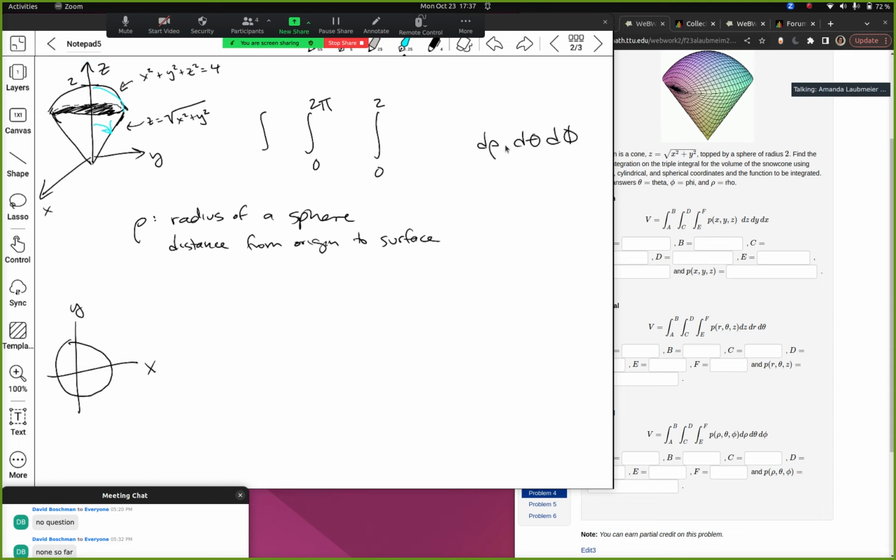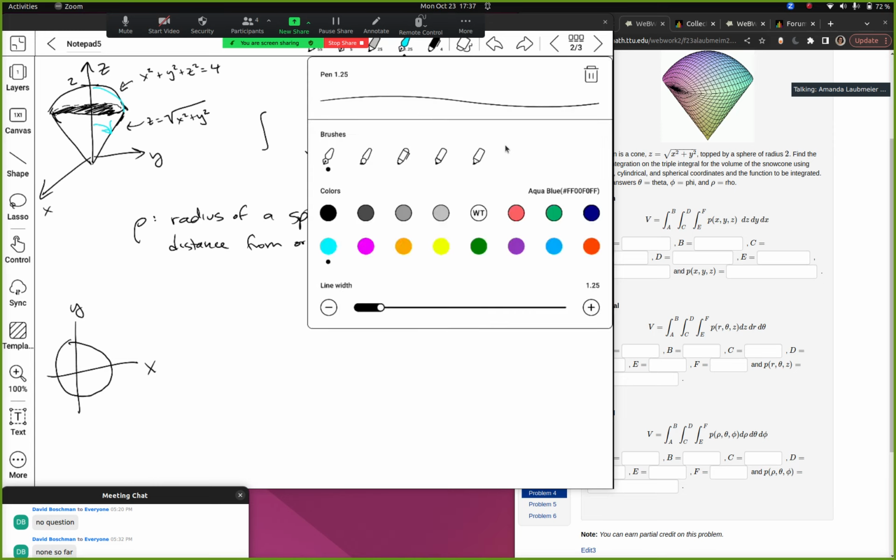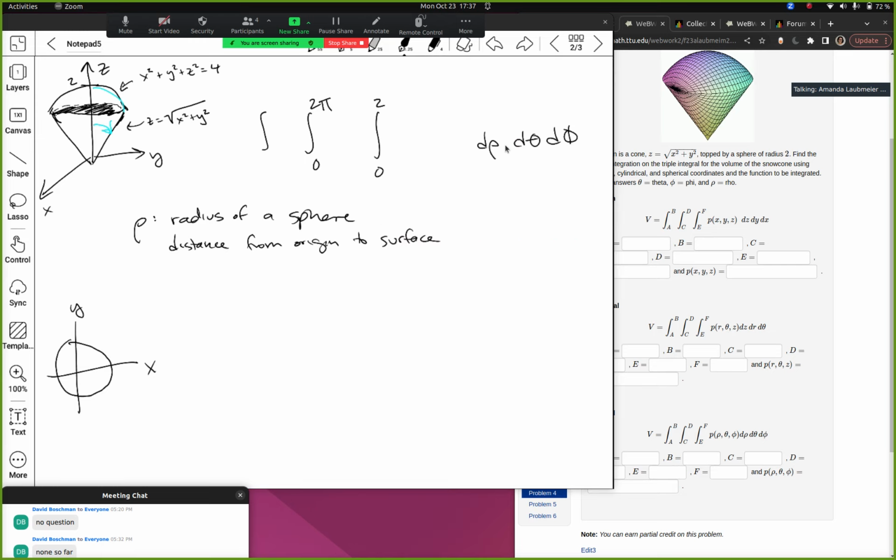That tells you that phi has to start from 0. And then all we care about is how far down you would have to go, rotating from the positive z-axis towards the xy plane to fill in all this space. And so we just need to know what this angle is right here.